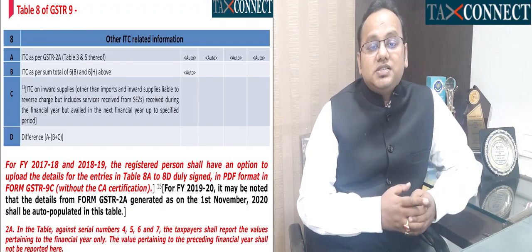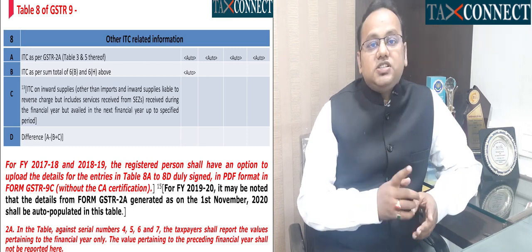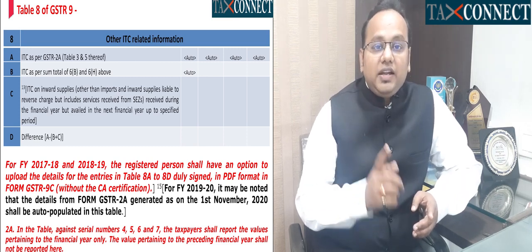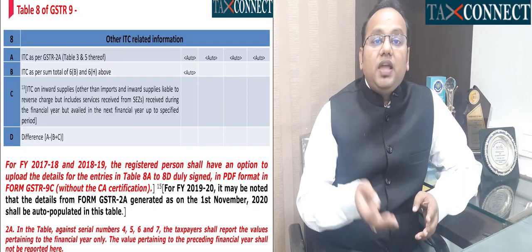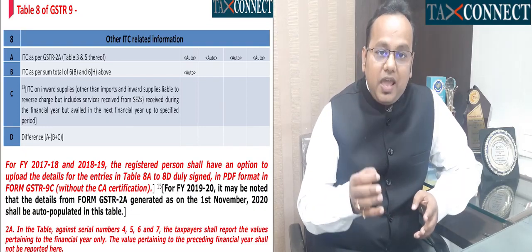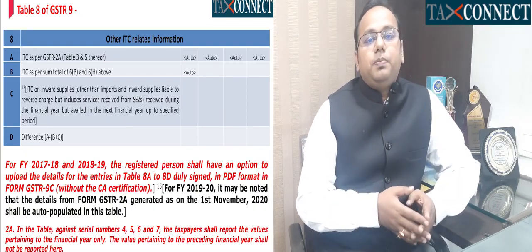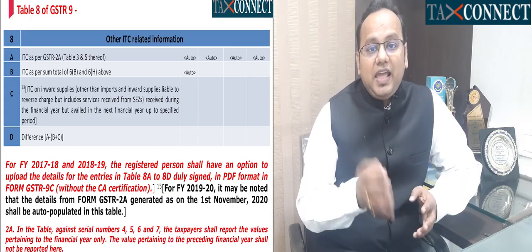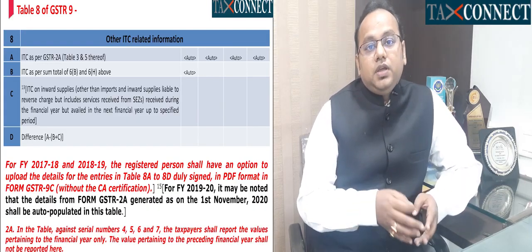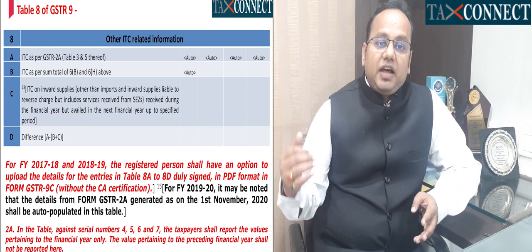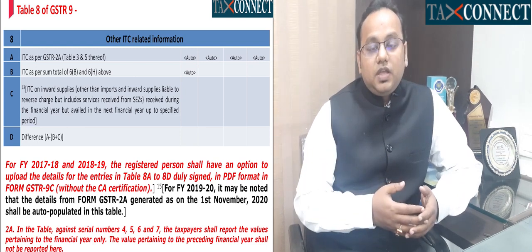Very important is for 2019-20, only those invoices pertaining or dated 2019-20 would be available in 2A and which would be auto-populated in 8A, right? And now you can take a dump of them also.